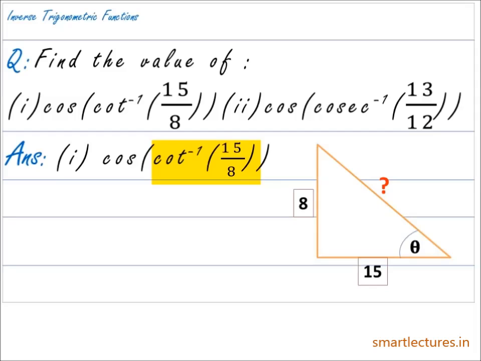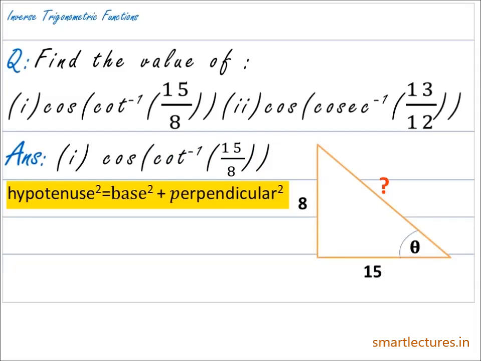You know it very well that in a right angle triangle, as per the Pythagoras theorem, the square of hypotenuse is equal to the sum of squares of the base and the perpendicular.